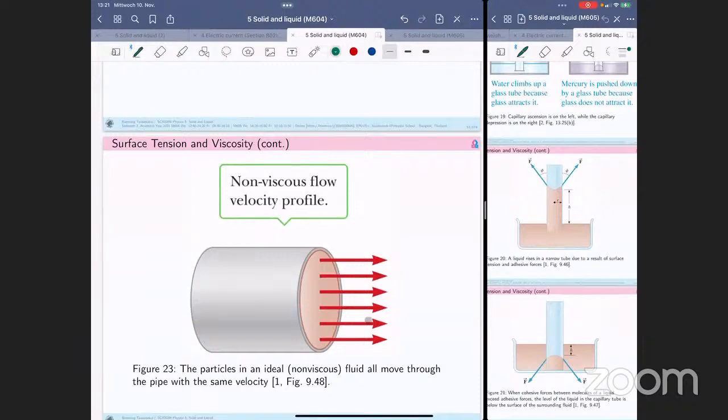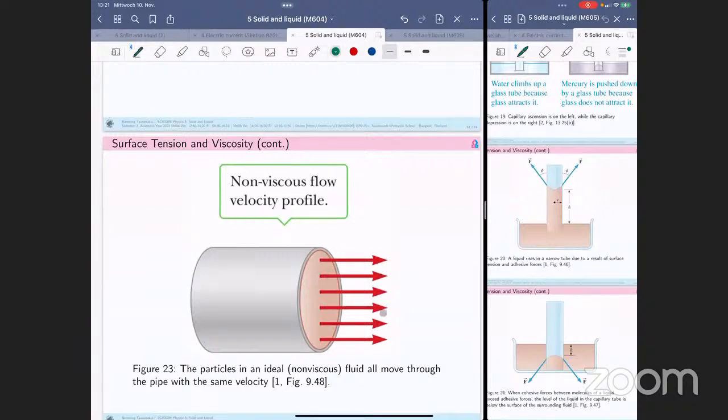It means the velocity at different locations across this surface, this area, will be the same. There is no friction between the pipe and the water, or in the fluid at all. This one has no friction between different layers of liquid either, so it has a good velocity.